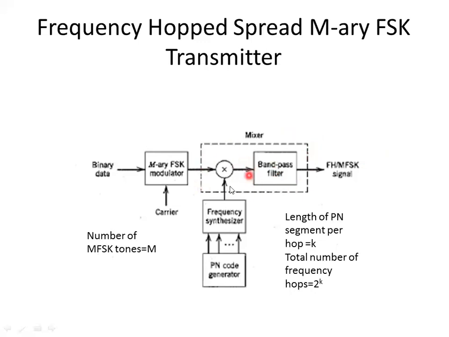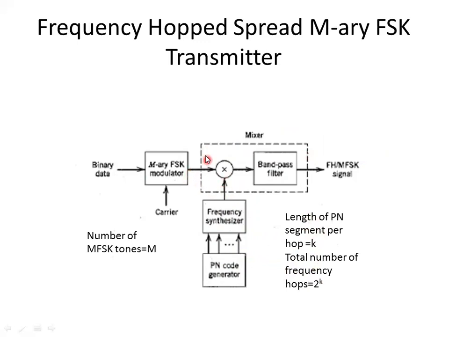Correct? So for this, we need to use another carrier here which comes as the output of a PN code generator. So if the length of the PN segment is K, then the total number of frequency combinations will be 2 to the power of K. So out of this frequency synthesizer, 2 to the power of K different frequencies can be generated.